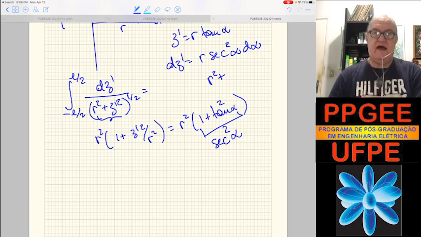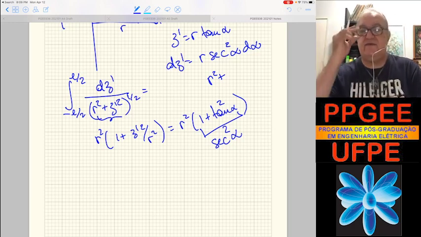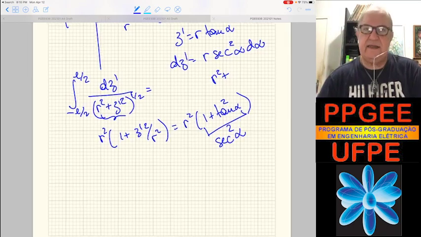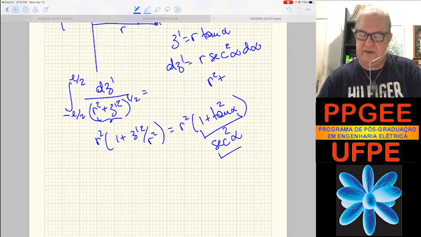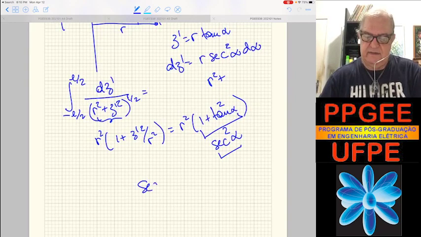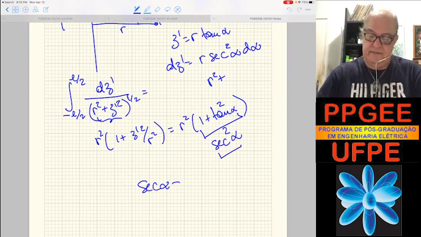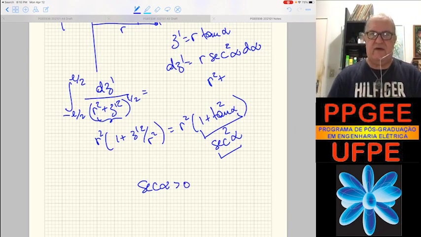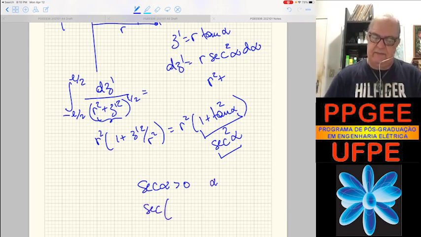Now, notice that alpha, being either positive or negative, the secant function is 1 over cosine of alpha, right? It's positive if alpha is either positive or negative: secant of plus or minus alpha equals secant of alpha.